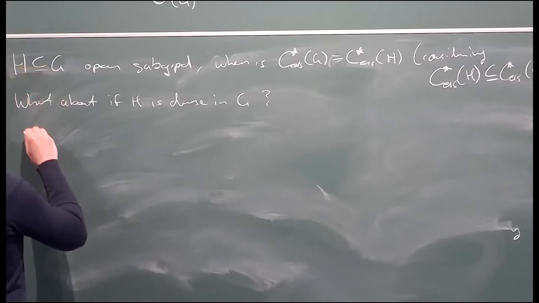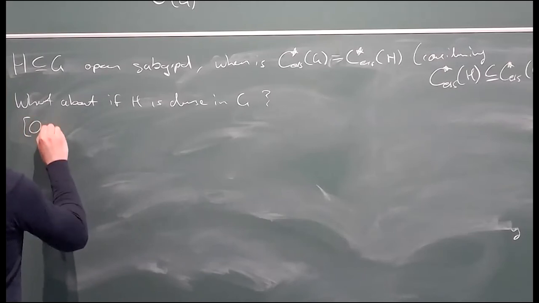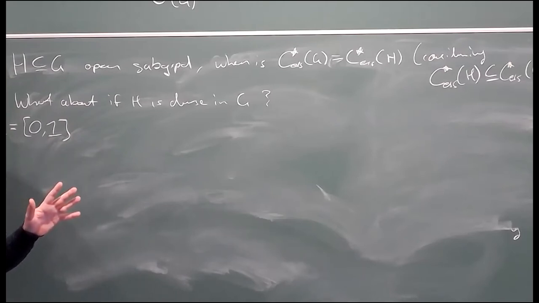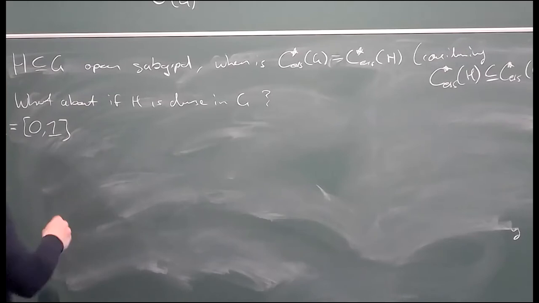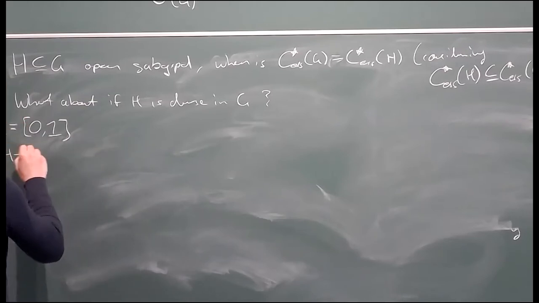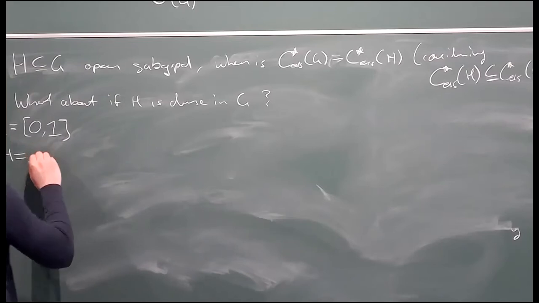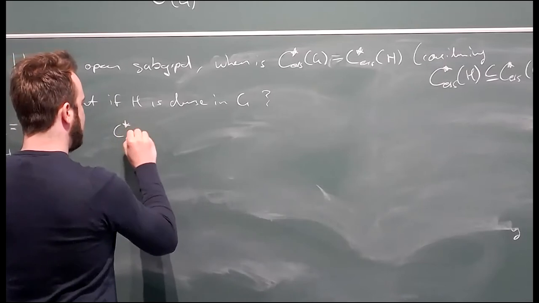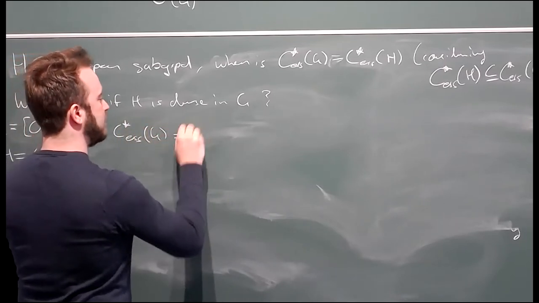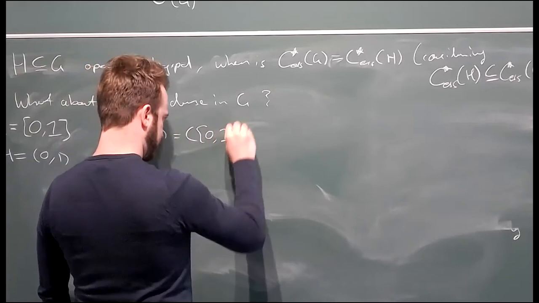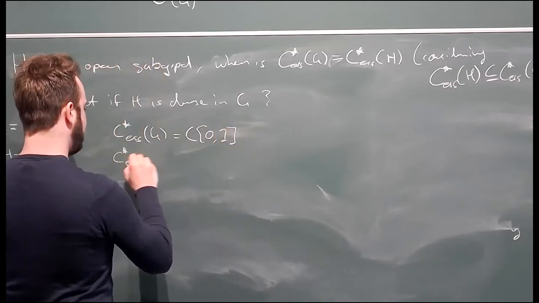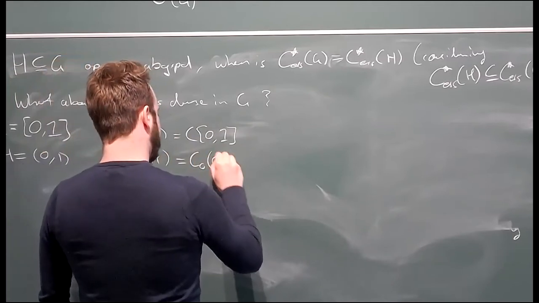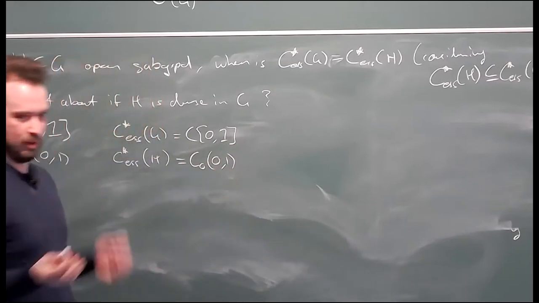So you can consider if G is just the unit interval, considered entirely as just a unit space where you have no multiplication. And then H, if you pick any dense open subset, so for instance, the open interval, then the essential groupoid C-star algebra for G will be the continuous functions on the closed interval. And then for H, you get the functions on the open interval that vanish at 0 and 1.